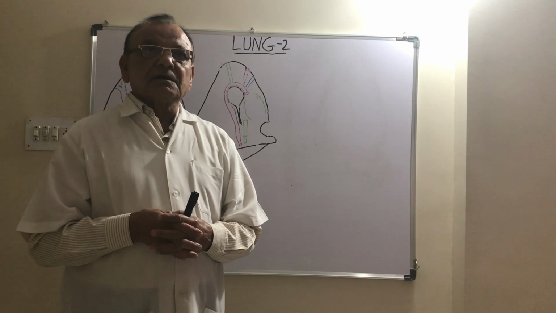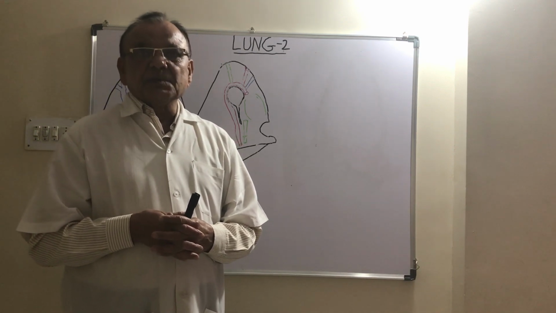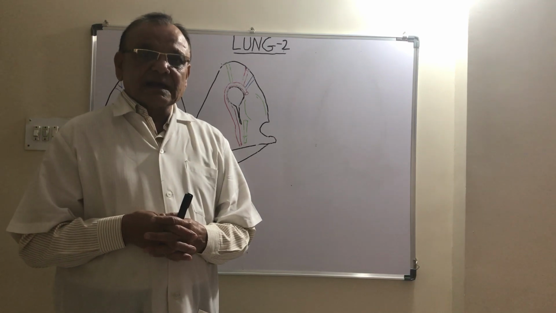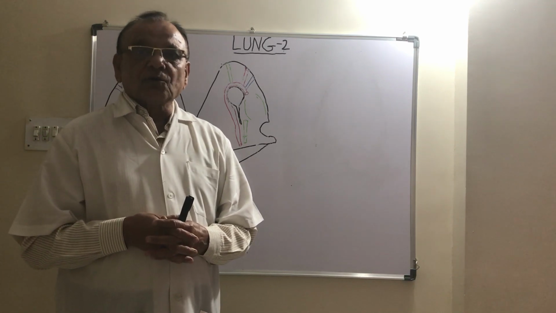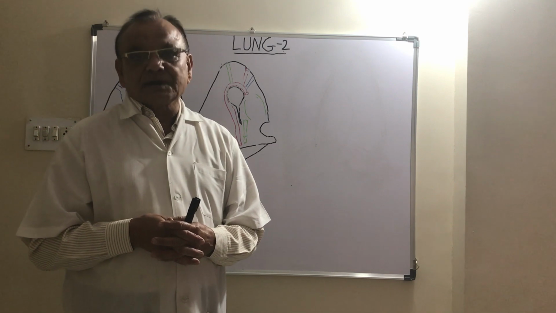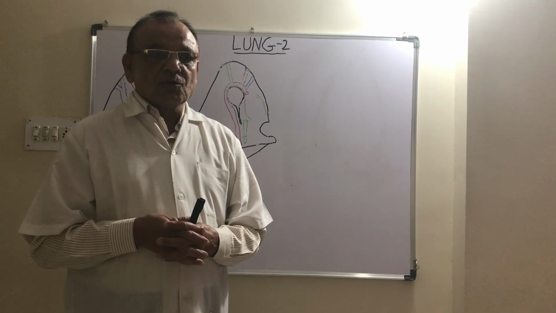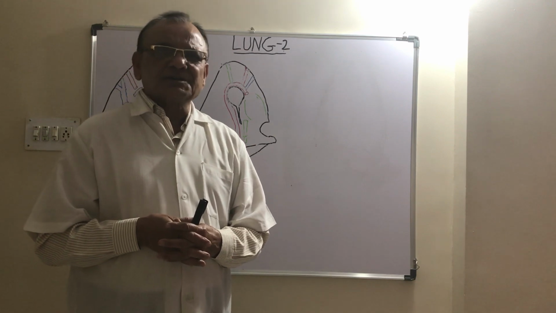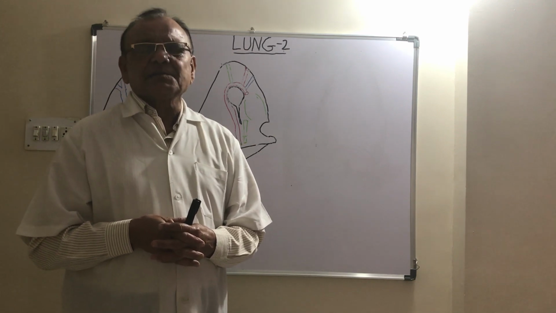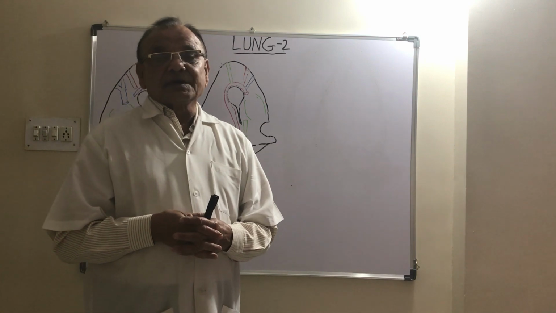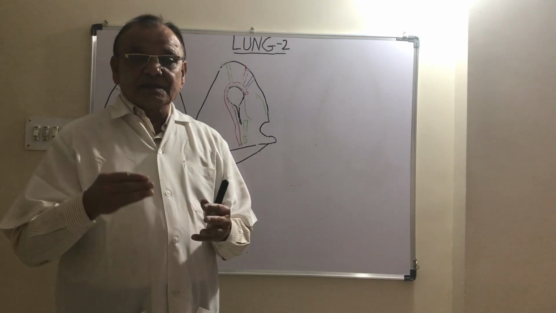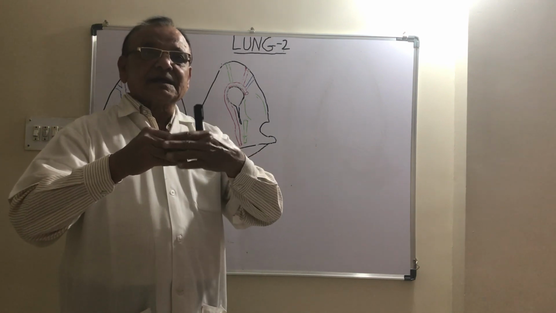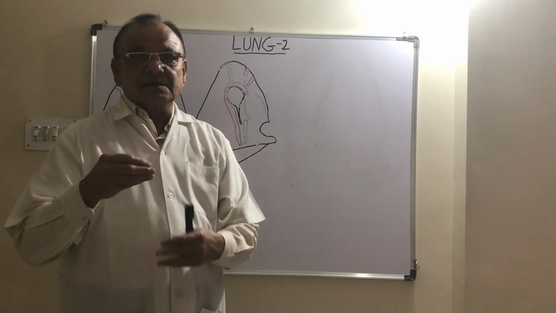Now near the hilus, lymph nodes are present, and these lymph nodes are called bronchopulmonary lymph nodes. In front of all these structures, the bronchus, pulmonary artery, pulmonary vein, bronchial artery, bronchial vein and lymphatics, and behind them, an autonomic nerve plexus is present.